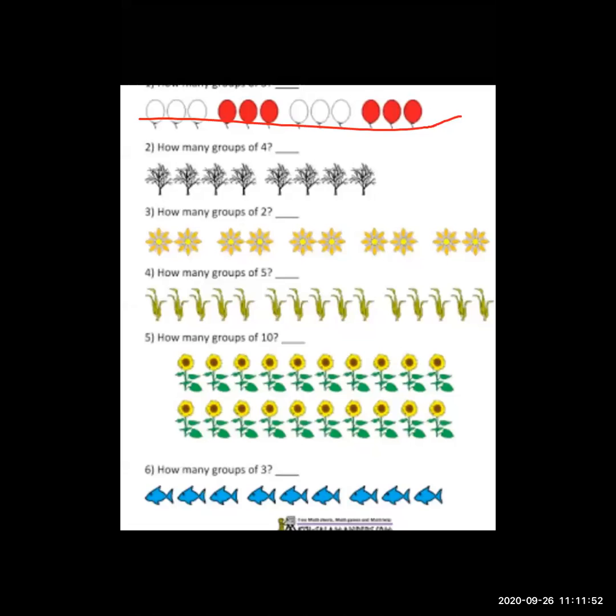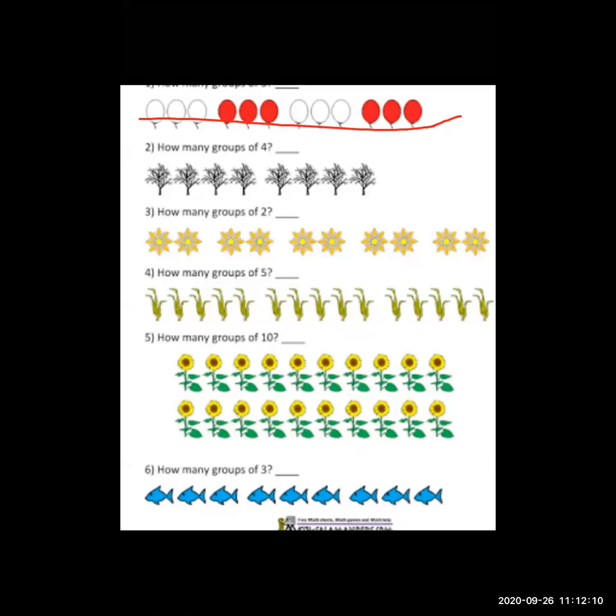In each group, how many balloons are there? That is 3 balloons. So how many groups? 4 groups. And in each group, 3 balloons.